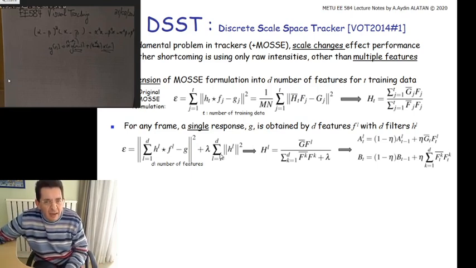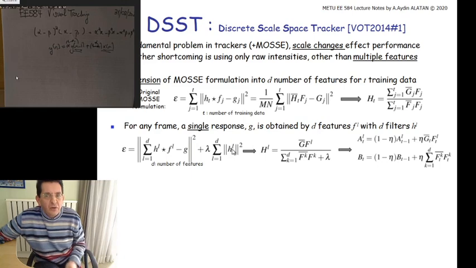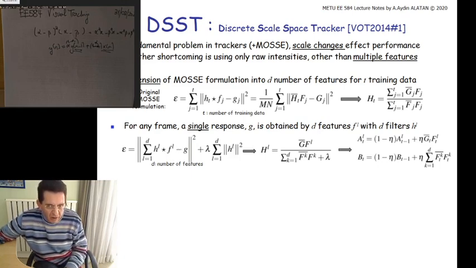If you do the same thing, take the derivative of this in the frequency domain, just like here, and obviously using Parseval's formula, this is nothing but the h magnitude squared here. If you take the derivative and equate to 0, as in the previous slide, you can very easily obtain this solution. This solution brings an extra lambda here, and the good thing is that lambda will help us eliminate the zero division problem.